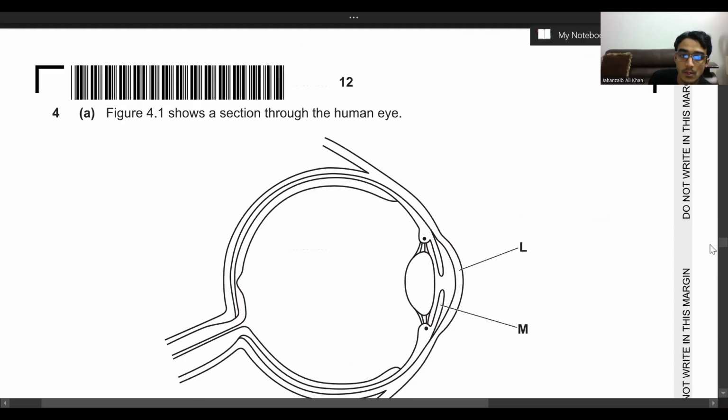A section through the human eye. L is the cornea. M is the iris. This is the optic nerve. This is the yellow spot or the fovea.